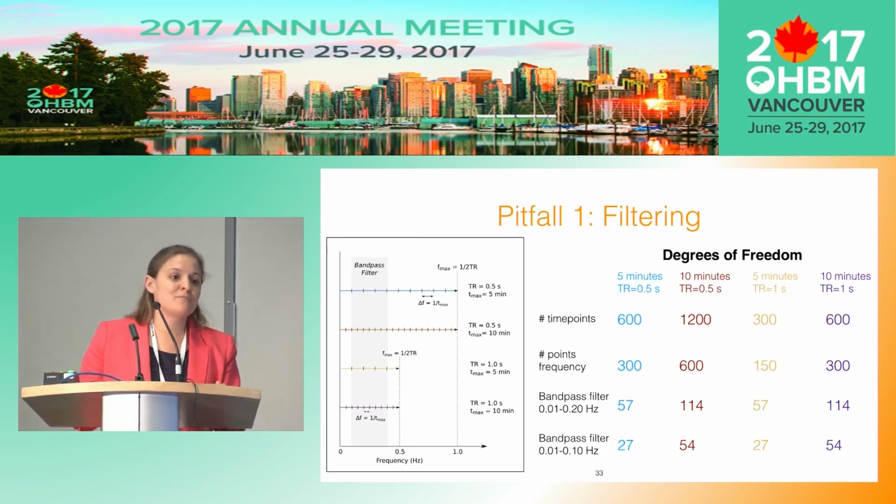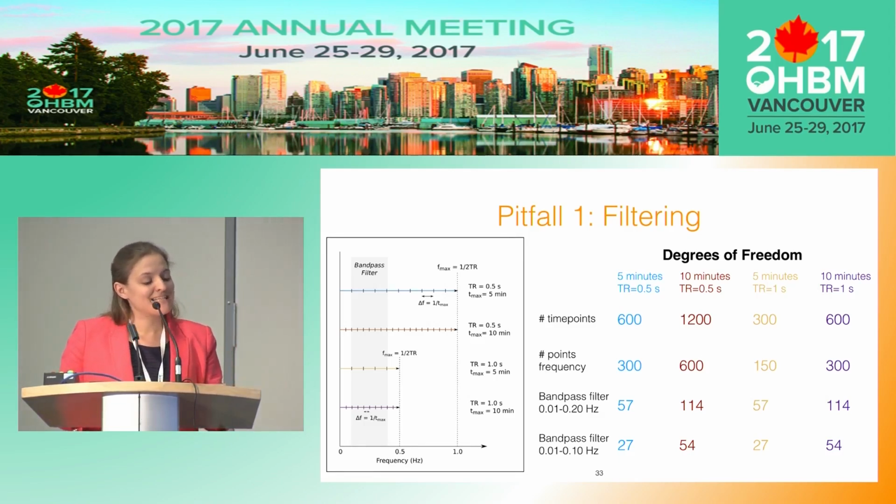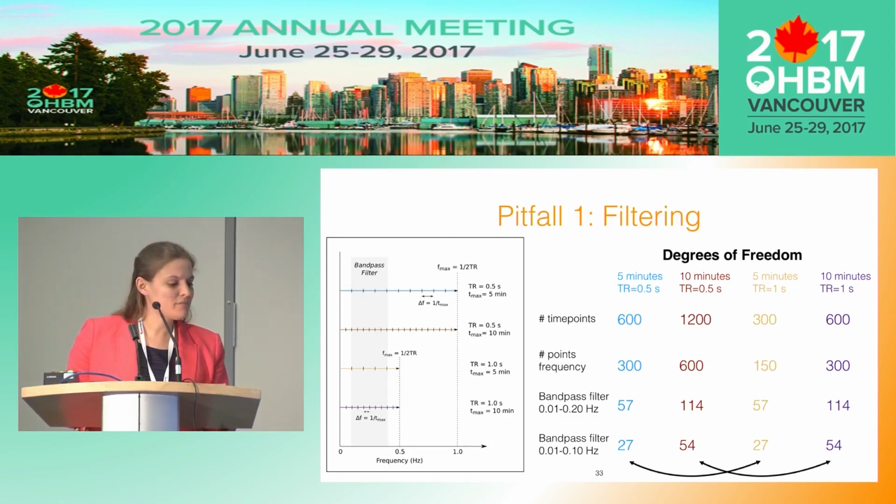The longer you scan, the more sampling you have in that range. In gray, I'm demonstrating what a bandpass filter might do. That gray bar might be what you keep and everything else you throw away. You are getting rid of a lot of data there. When you go back into the temporal domain with another Fourier transform, you might still think you have 300, 600, 1200 time points, but your effective degrees of freedom is substantially reduced. And you need to take this into account.